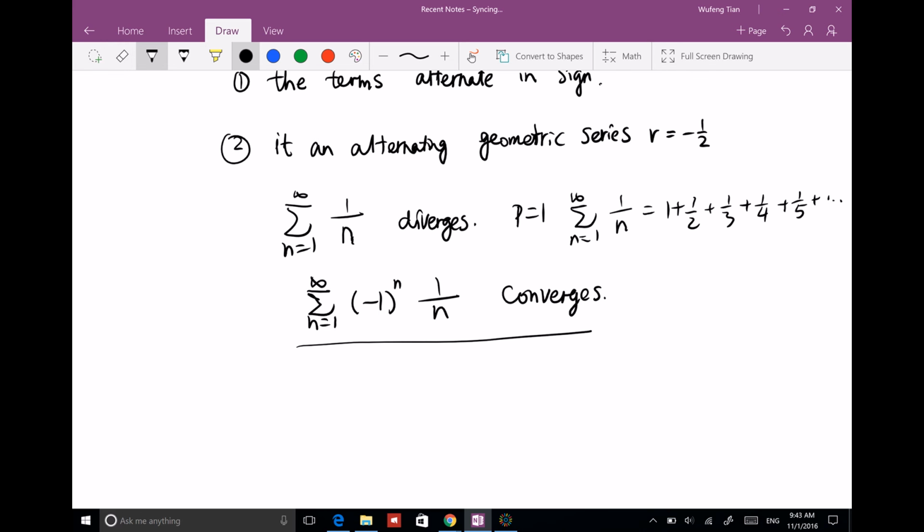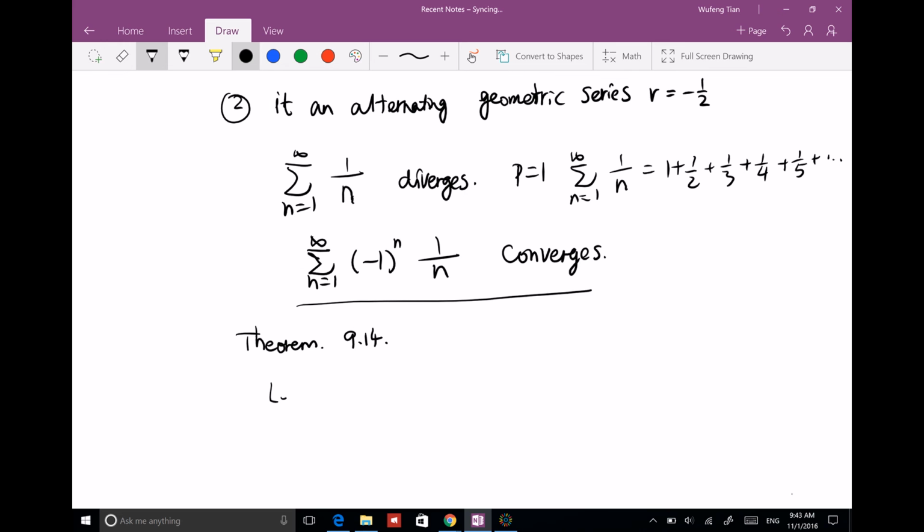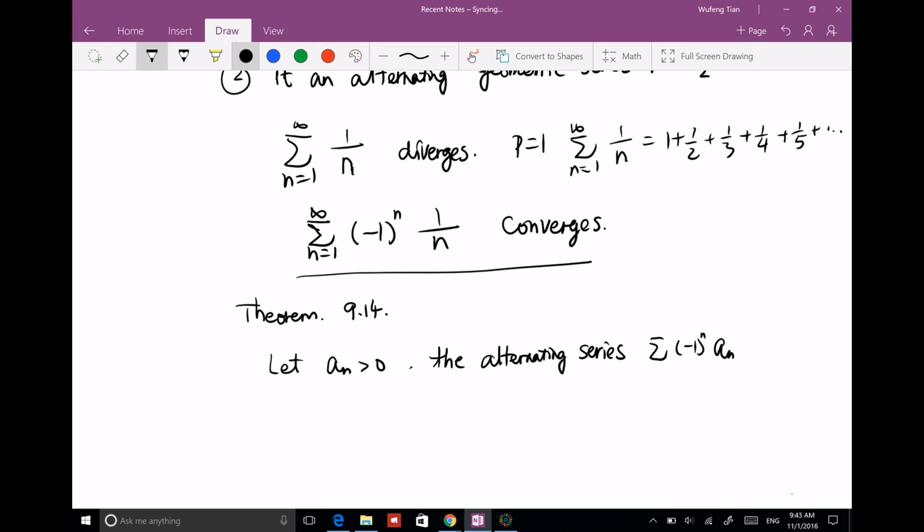So before I tell you how to do this, let's look at a theorem. Let's look at theorem 9.14. It's alternating series. Let an be bigger than 0. The alternating series sum of -1 to the power n an, and n from 1 to infinity of -1 to the power n plus 1 an, converges.